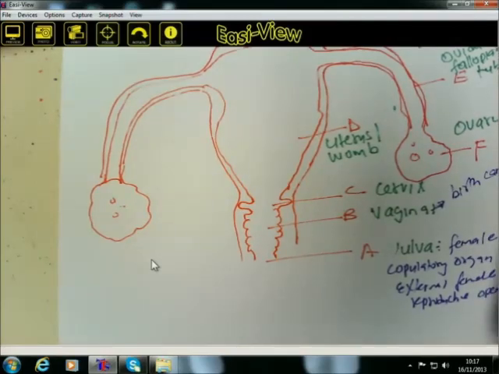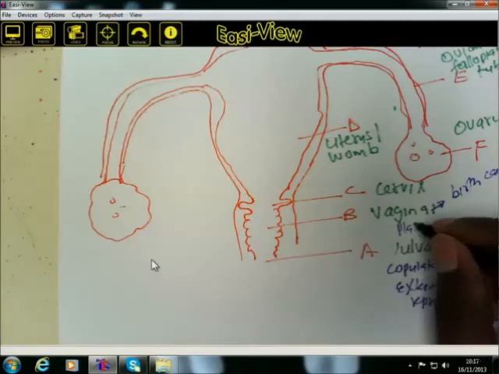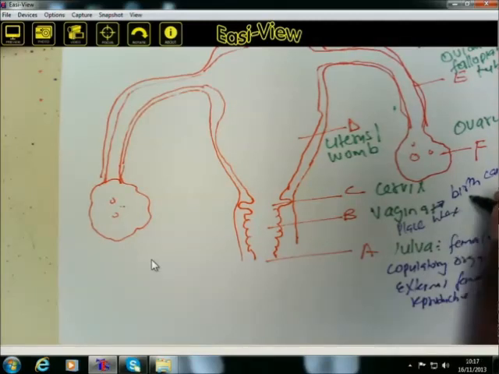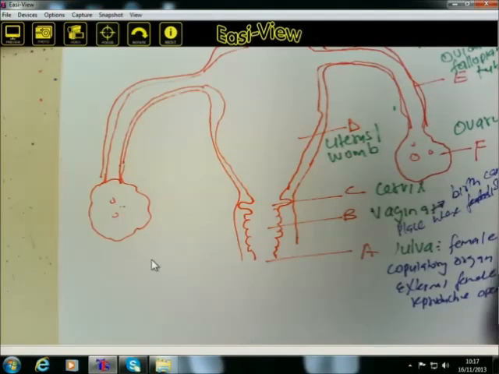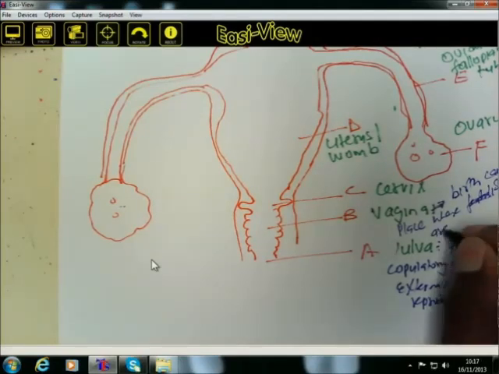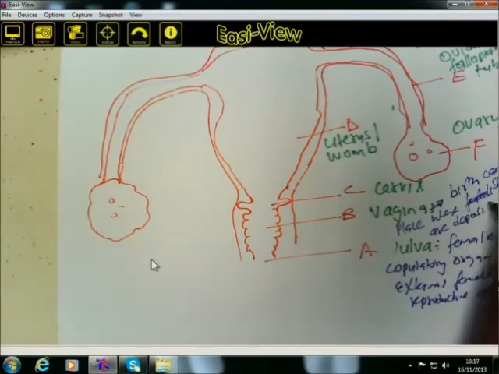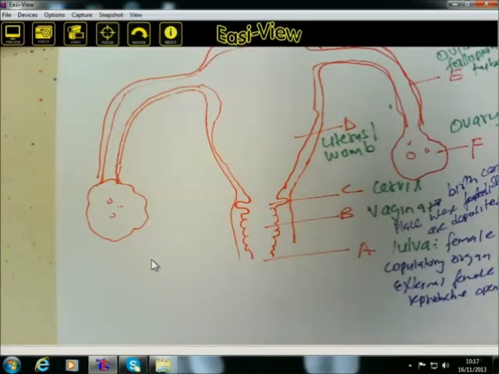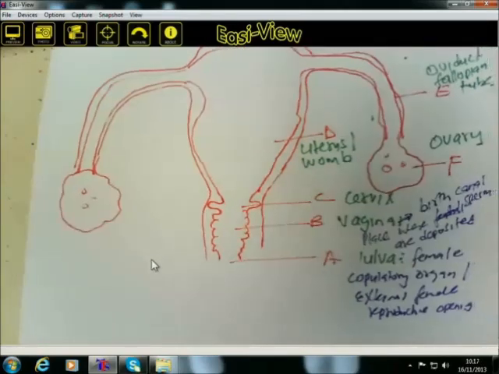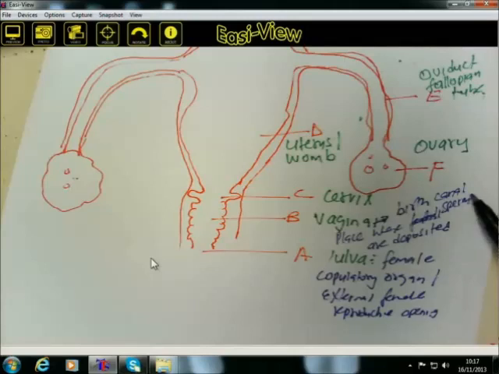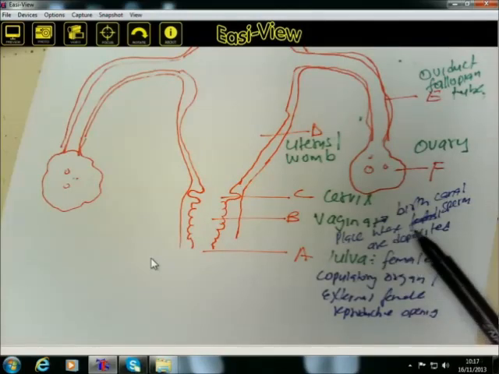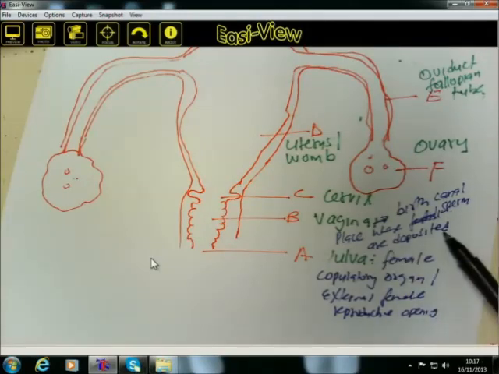Its function is a birth canal, or a place where sperms are deposited. It's a place where sperms are deposited. It is called birth canal, or a place where sperm cells are deposited.